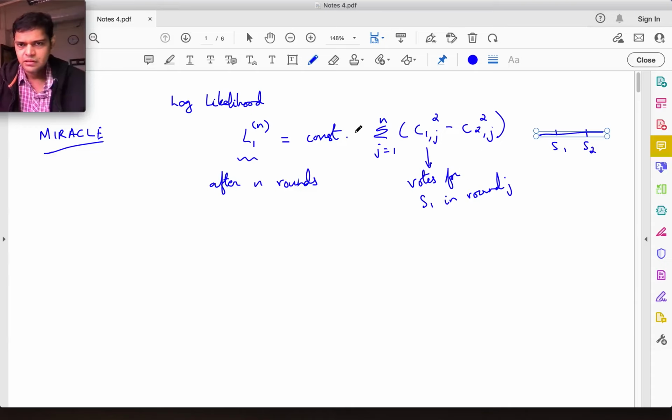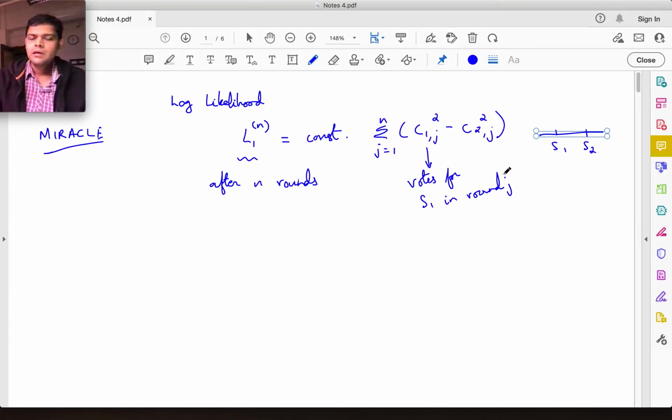There is some constant over here which we'll ignore for the time being. But what we have here is essentially the votes for S1 in round j. You take the square of the number of votes and subtract out the square of the number of votes for S2.